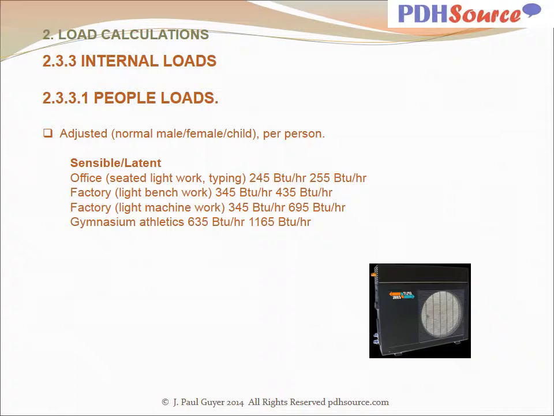One of these internal loads that is significant is people loads. A person, their body is at 98.5 degrees, and the design temperature of the occupied space in the building in the summer is, say, 72 degrees Fahrenheit.